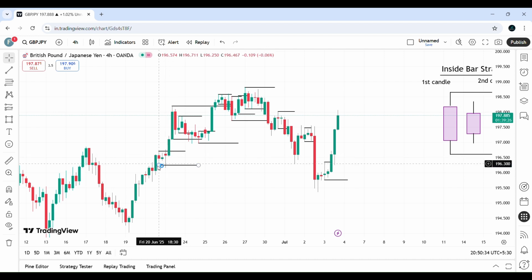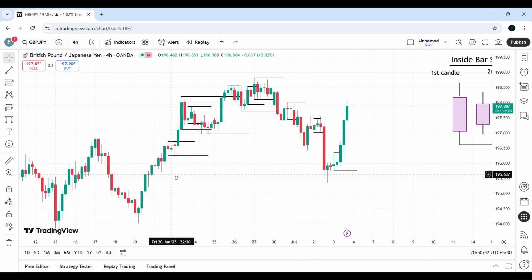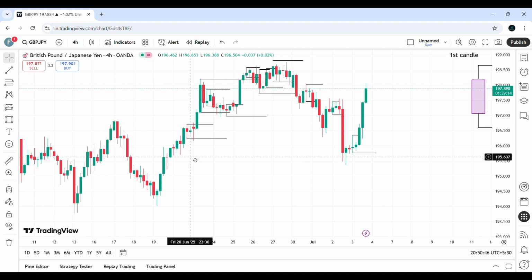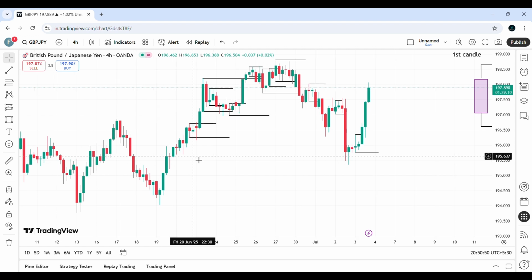These two candles, bullish and bearish. This candle is completely inside the first candle. And let's look for another entry. Here you could see this candle is inside this one.